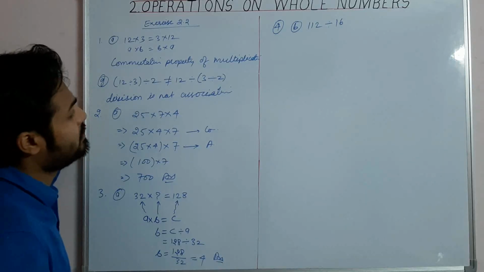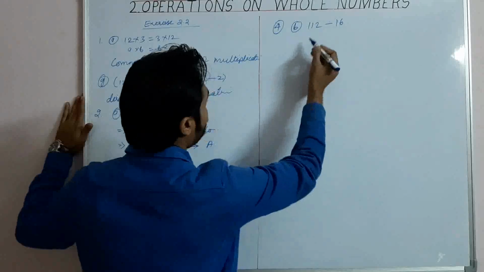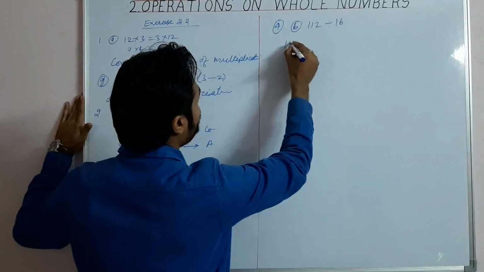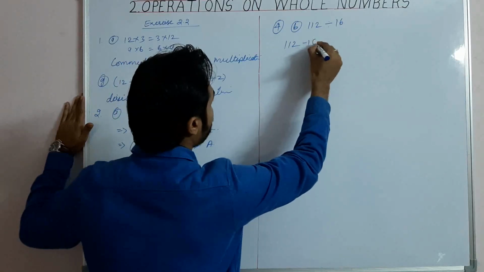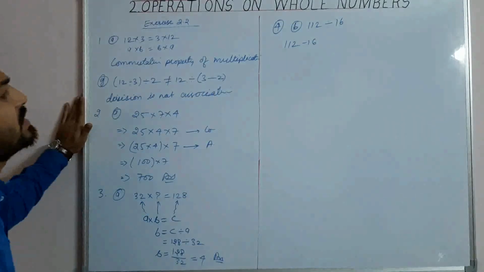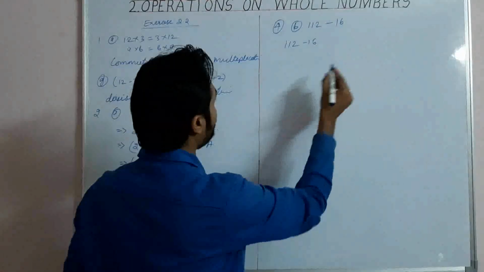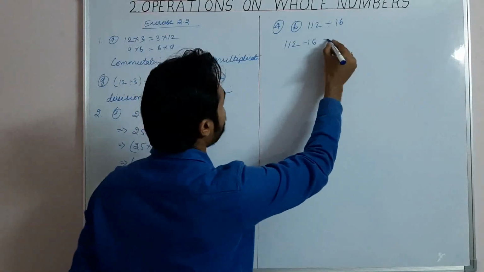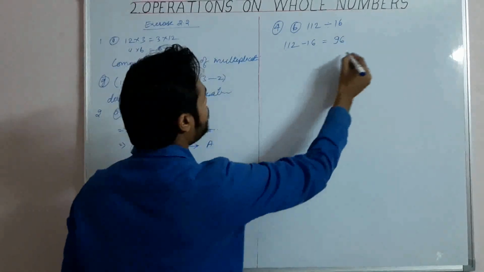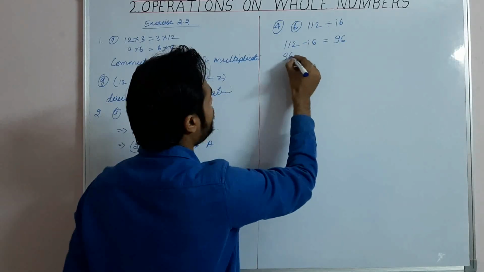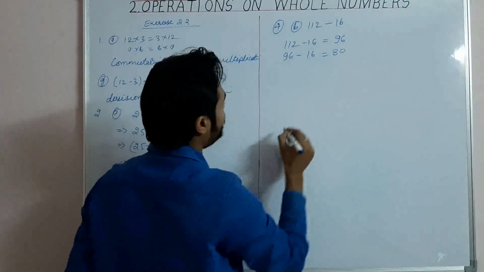So, by repeated subtraction, we have to subtract 16 from 112, 112 minus 16 a number of times, and then we'll count the times, and that will be the answer. So 112 minus 16 is 96. Again we'll write 96 minus 16, which is 80.